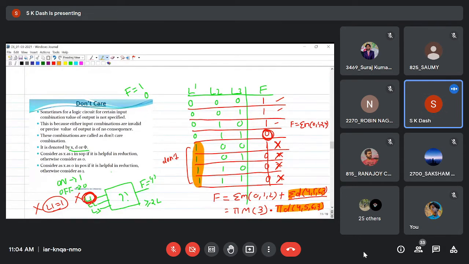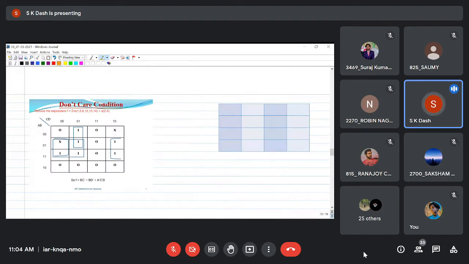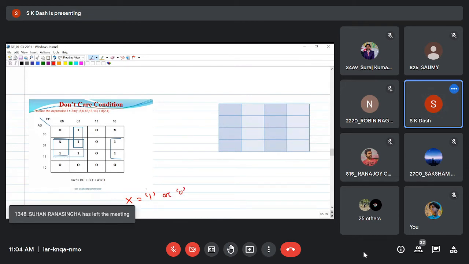Okay. So we can utilize this in a very useful way. Whenever I am writing, I can consider that cross to be 1 or 0, depending upon my wish, because those inputs are not possible. So it doesn't make any change if I consider them as 1 or 0.